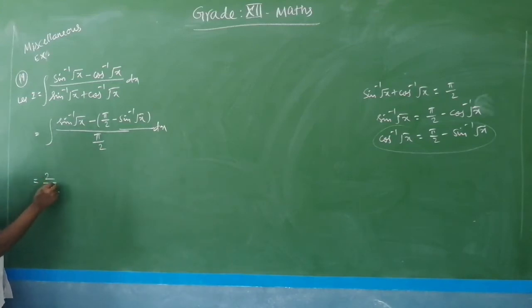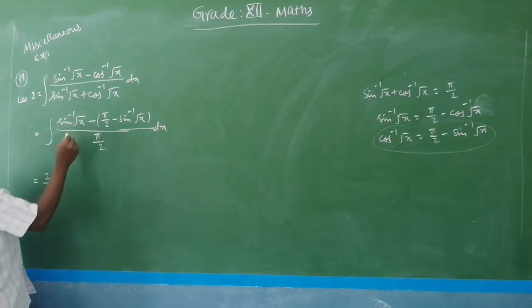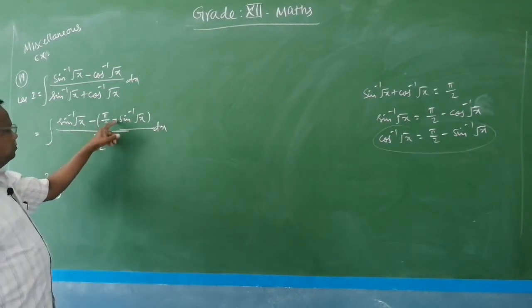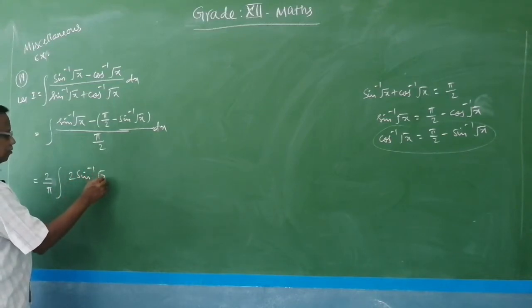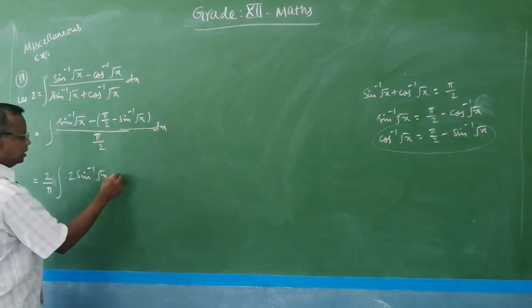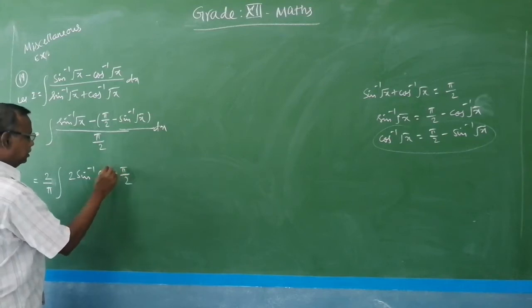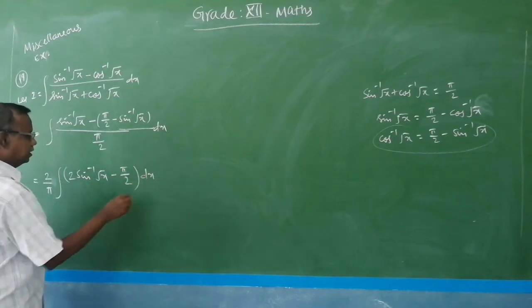So we can write this denominator as 2 by pi into the integral. So minus into minus is plus, 2 sin inverse of root x minus pi by 2, into dx.